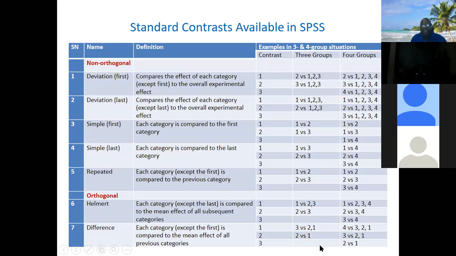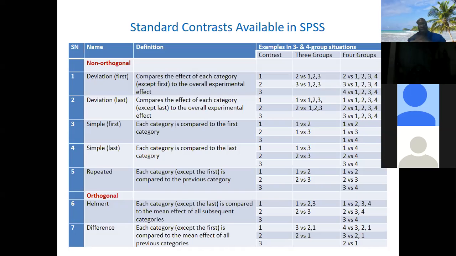So if in our Viagra data we compare high dose with the combination of low dose and placebo first, and later split the low dose and placebo, group 1 and 2, and compare, that would be orthogonal difference. But what we use is orthogonal Helmert.